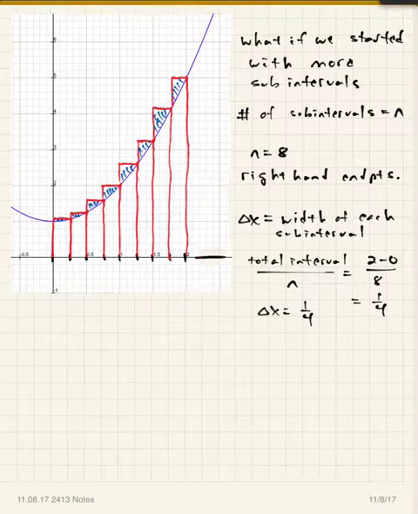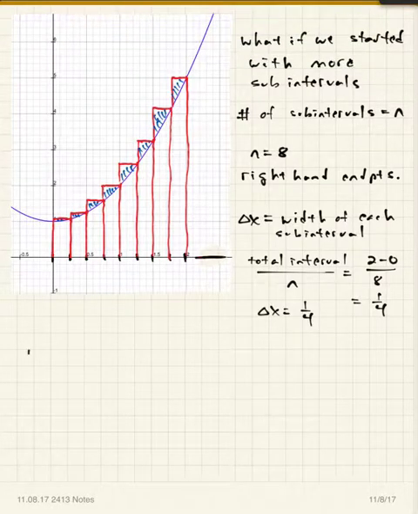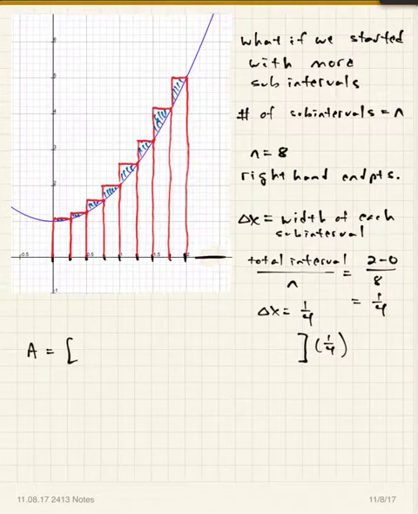So what would our area be in this case? Remember, we've seen that all we have to do really is add these function values together and then multiply all those function values by the width of each subinterval, each rectangle, and that would be 1/4 in this problem, right? And so you'd have f of 1/4.